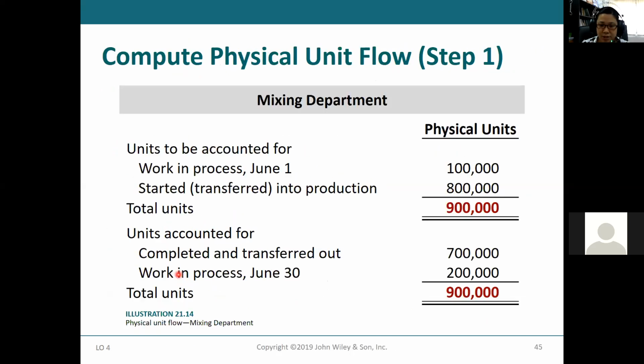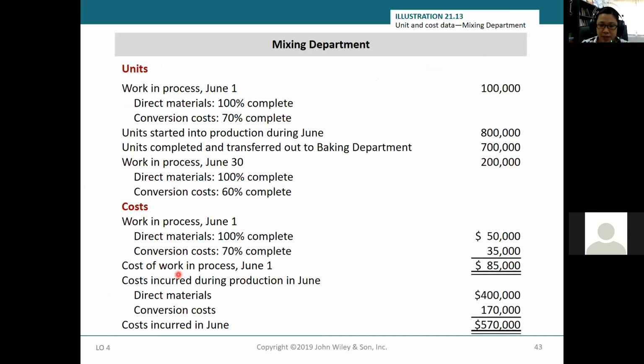You need to look at the question. To find the total material cost, class, now look at the cost part down here. How much direct material cost do I have at the beginning?